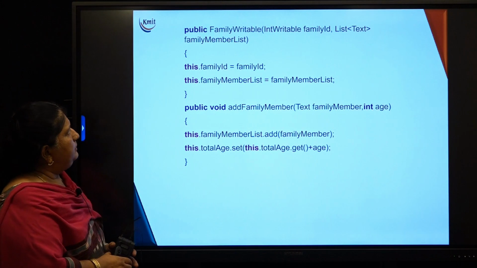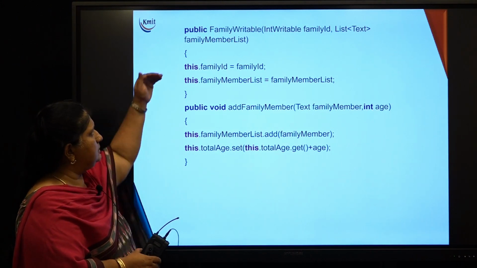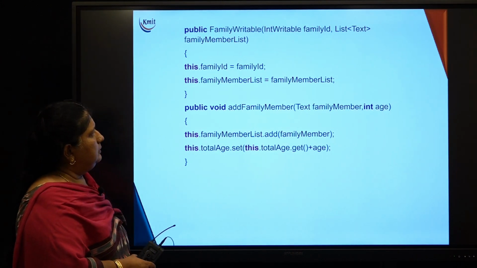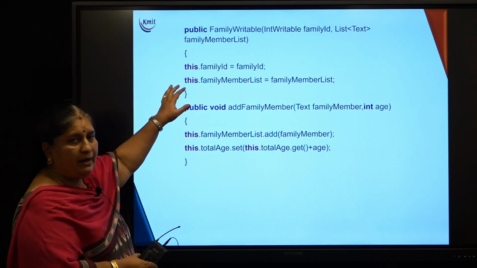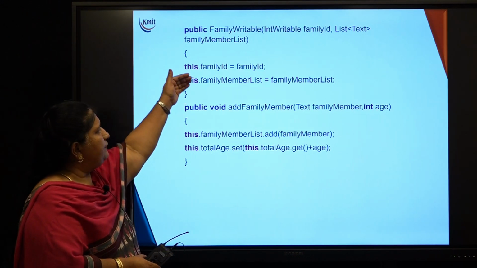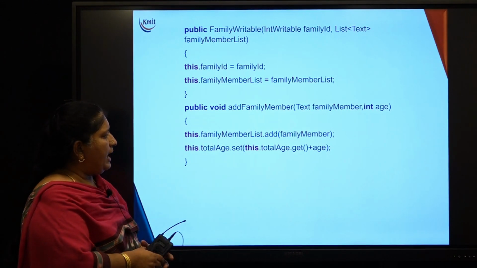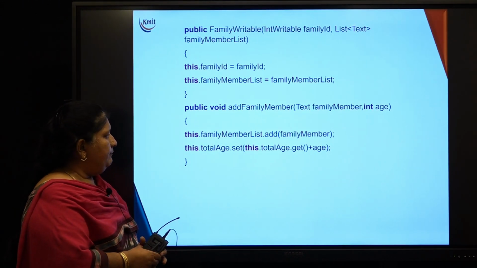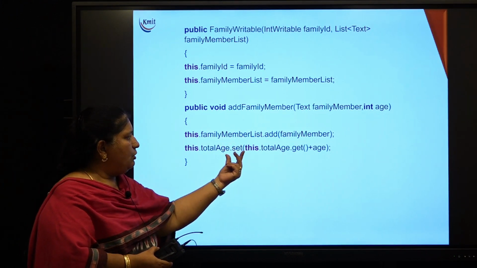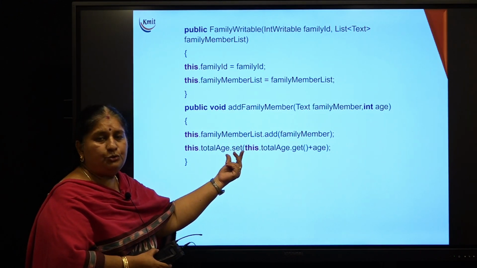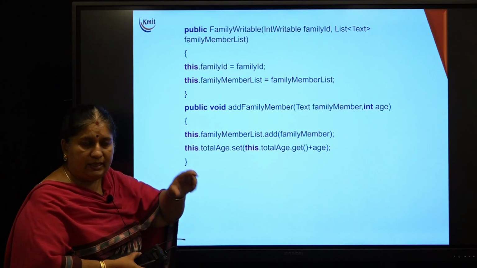Similarly, public FamilyWritable, this is the constructor with parameters apart from the default constructor. Family ID is set, members are also set, and you are trying to add a family member. Whenever you are adding a family member, you are also adding their age to the existing total age of that particular family.